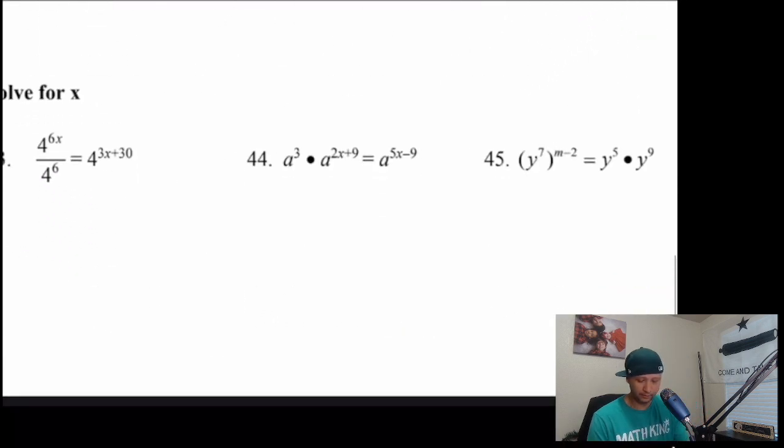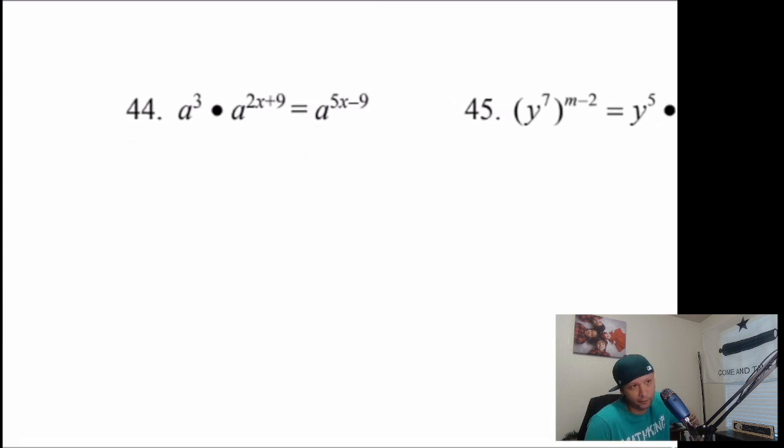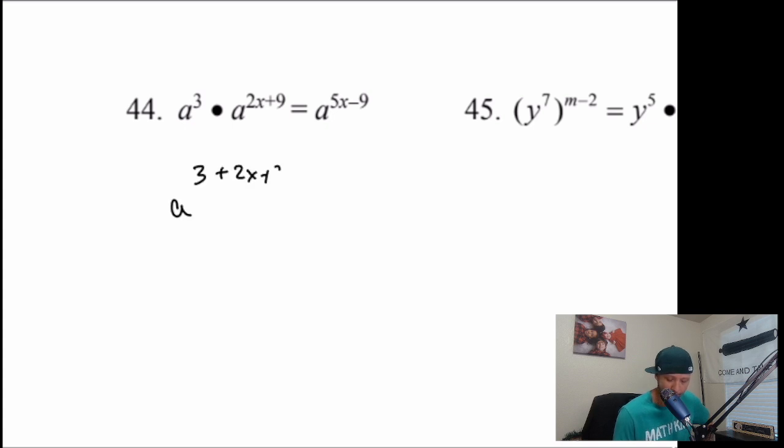All right, here we are. Last problem. Number 44. a cubed times a to the 2x plus 9 equals a to the 5x minus 9. When we multiply common bases, we can add the exponents. So 3 plus 2x plus 9 is equal to 5x minus 9. 3 plus 9 is 12.